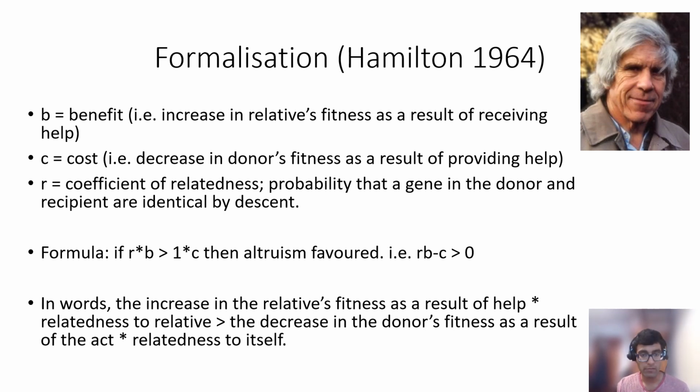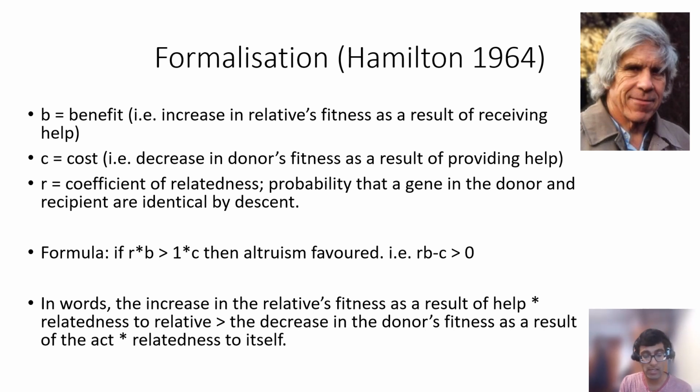So the formula for Hamilton's rule says that R multiplied by B must be greater than 1 multiplied by C for altruism to be favoured. Now the reason for this is we need to weight the benefits and the costs by the relatedness. So we weight the benefit to you by your relatedness to me if I'm helping you, and we weight the cost that I'm experiencing by my relatedness to myself, which is 1.